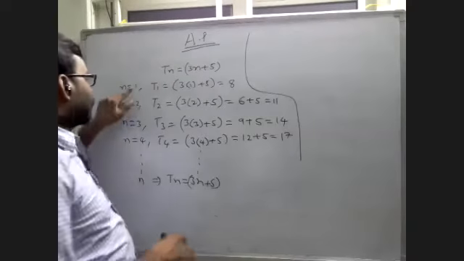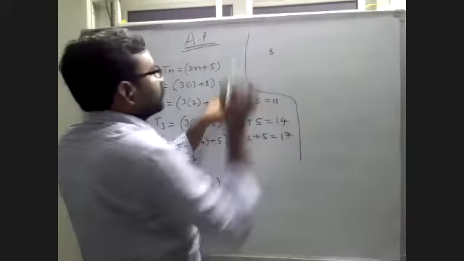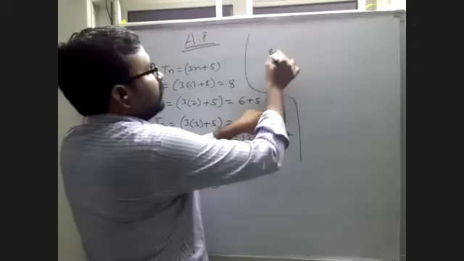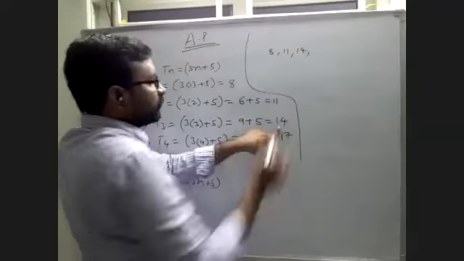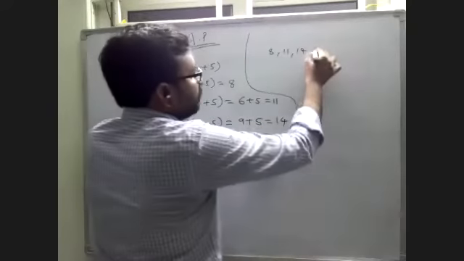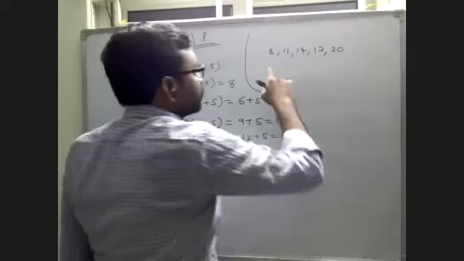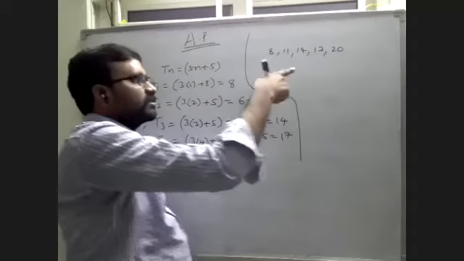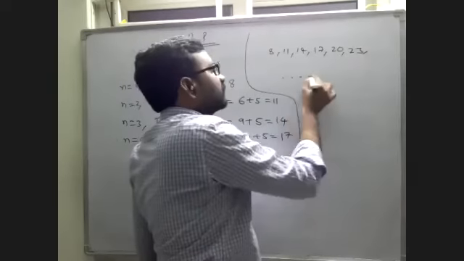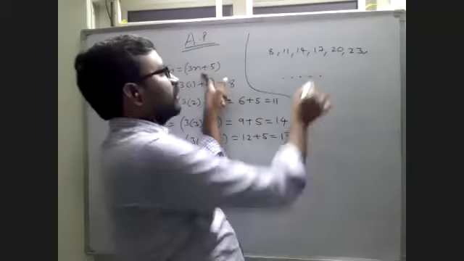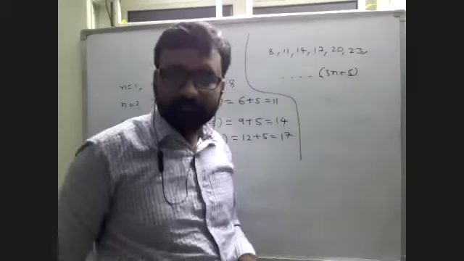The first term, n equal to 1, is 8. The second term is 11. The third term is 14. The fourth term is 17. The fifth term is 20. 8 plus 3, 11 plus 3, 14 plus 3, 17 plus 3, 20 plus 3, 23. Like that, the last term is 3n plus 5.